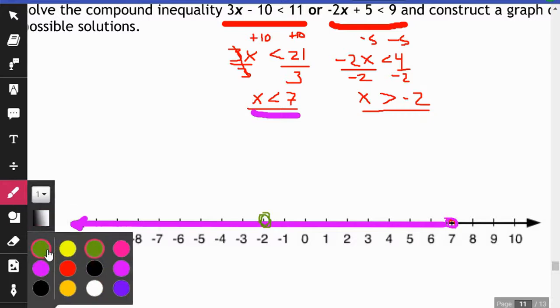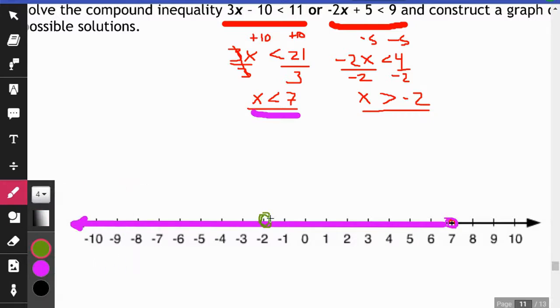Now remember, "or" means one or the other is true. As long as one of them is true, I don't really care which one. So I just have to pick any number that satisfies either of these. So say the number 15. Well, 15 is not less than 7, but it's greater than negative 2, so it works. 0 is both.